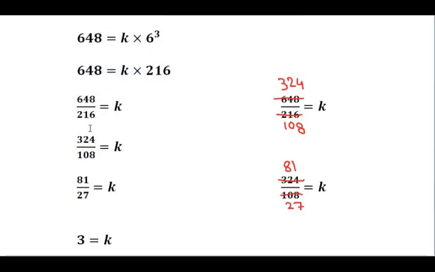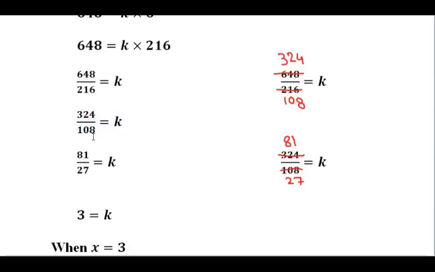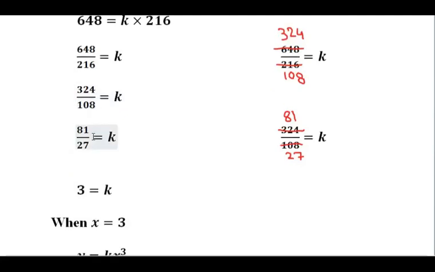Now 648 and 216 are divisible by 2. So if we divide numerator 648 and denominator 216 by 2, we get 324 over 108. Further, these two values are divisible by 4. You can also divide them by 2 because they are multiples of 2 as well.